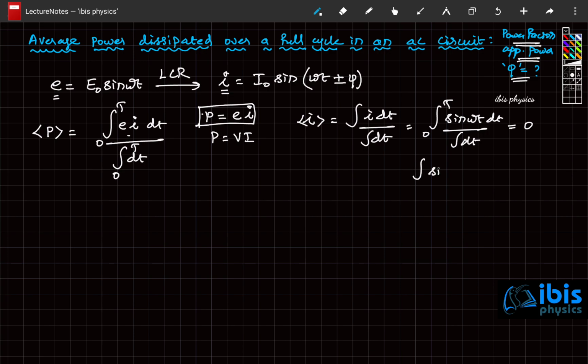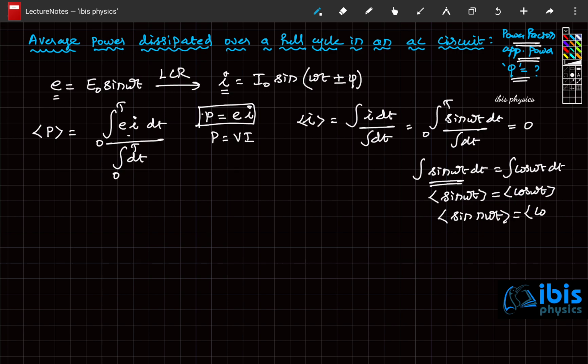So the average of sine omega t, or average of cos omega t, or average of sine 2 omega t, 3 omega t, or in general n omega t, or cos of n omega t, all will be 0, because sine omega t and cos omega t have a waveform like this, and the positive area and the negative area are equal, hence they will always yield 0. That you should remember.